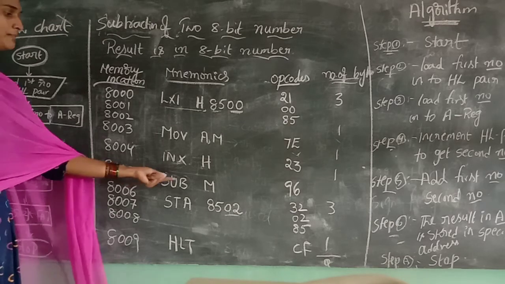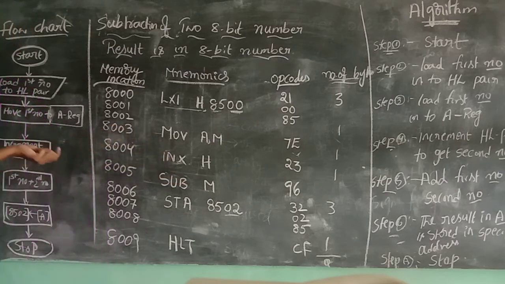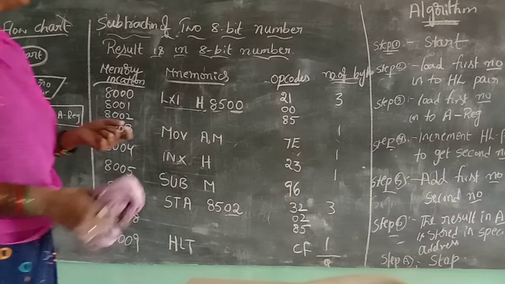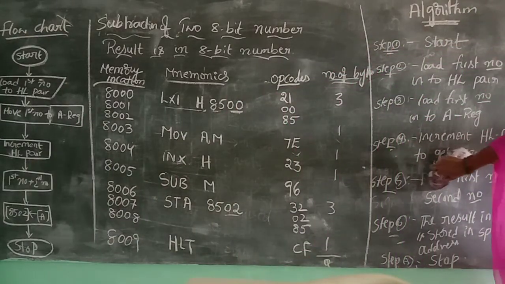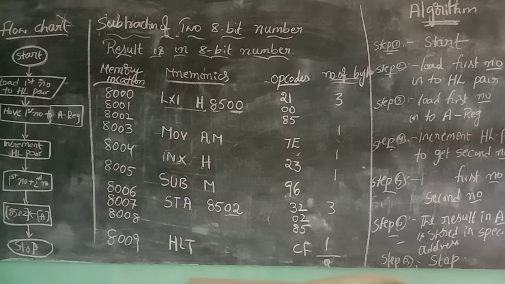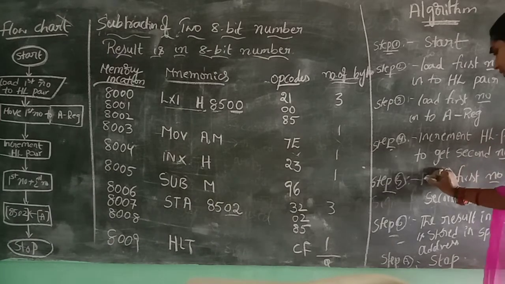What is the function of SUB M? A minus M: the data which is present in accumulator minus the data which is present in memory. The result will be stored in the accumulator.